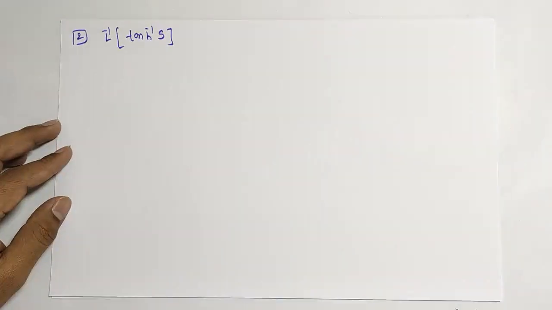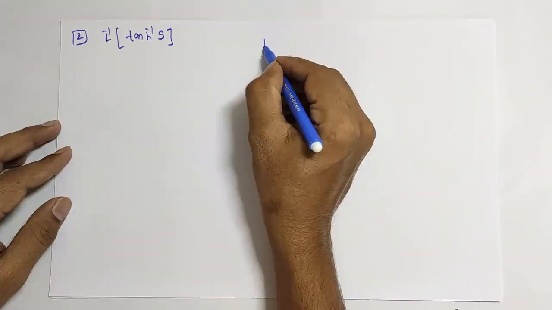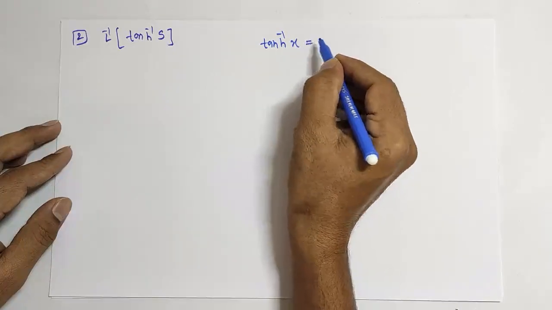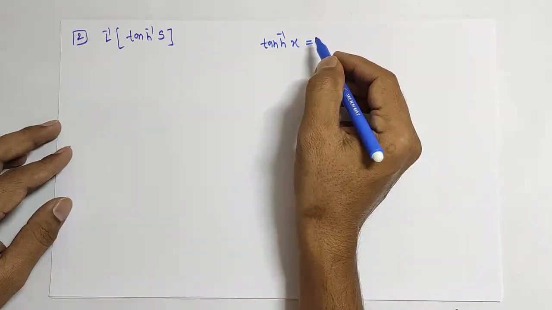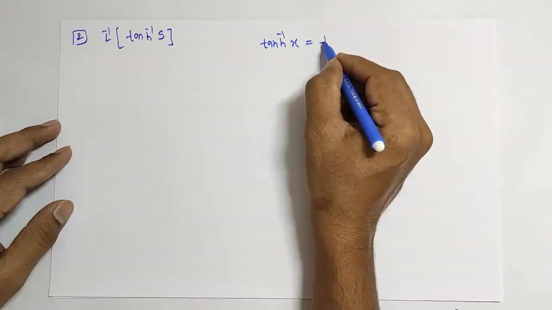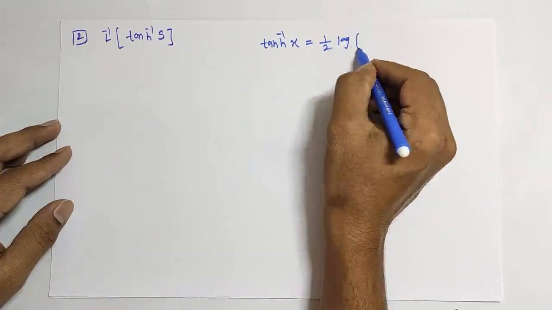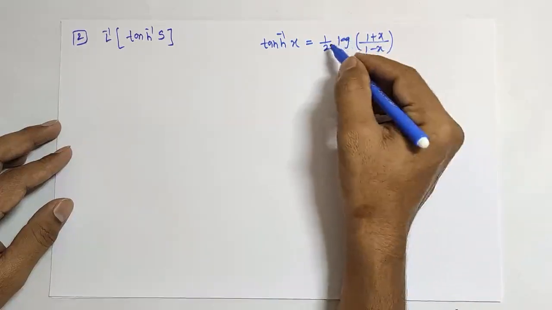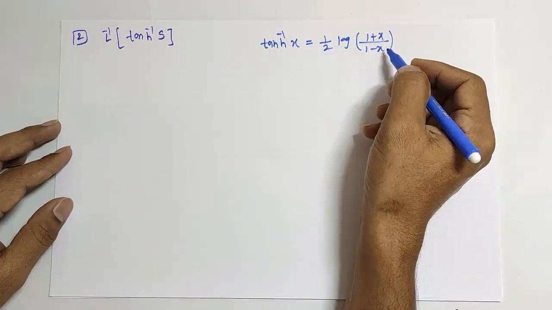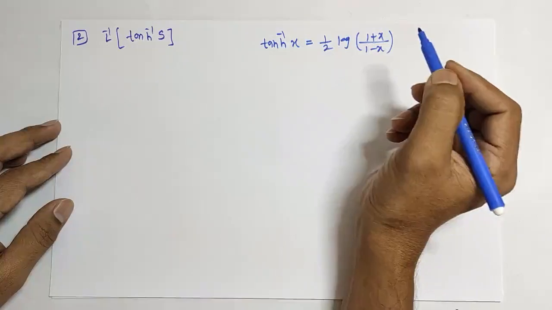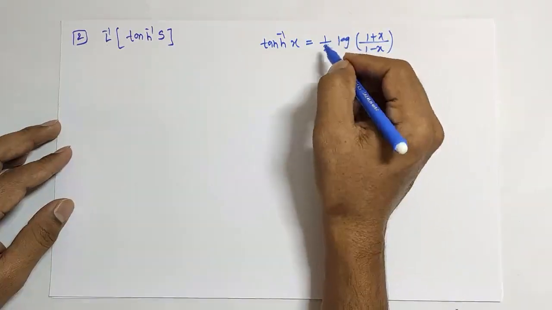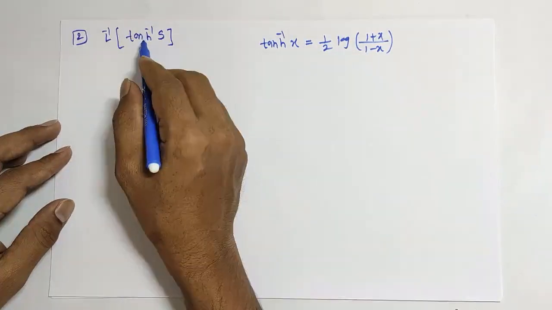But here, student, we must know the formula: tan H inverse of x, this is from inverse hyperbolic function, is 1 by 2 log of 1 plus x upon 1 minus x. This is the formula. So this formula I am going to use over here.